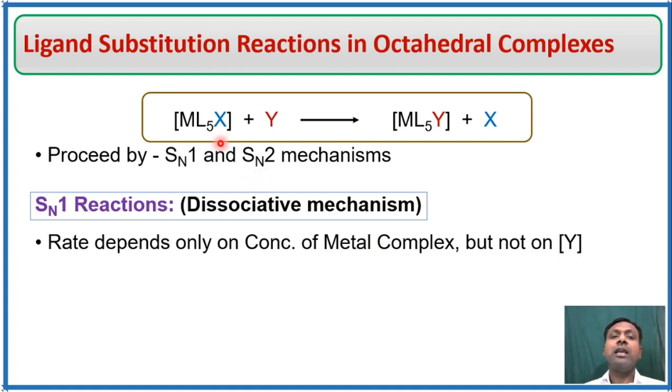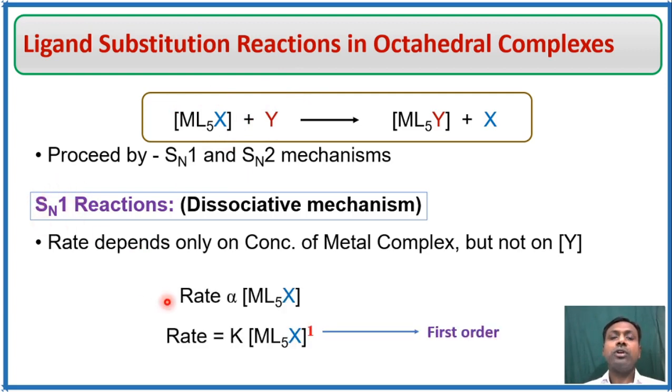We have two reactants: one is the metal complex, another one is the entering ligand. The rate of the reaction, the velocity of the reaction, depends only on the concentration of the metal complex, but not on the concentration of Y. Therefore, we call them unimolecular nucleophilic substitution reactions. So here the rate is proportional to the concentration of the metal complex only.